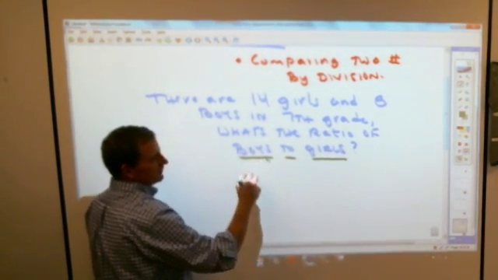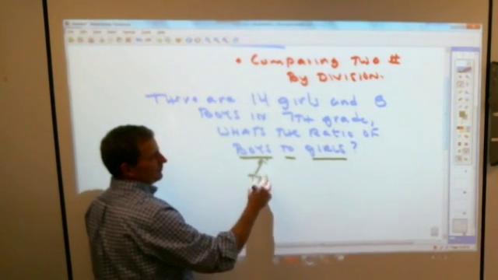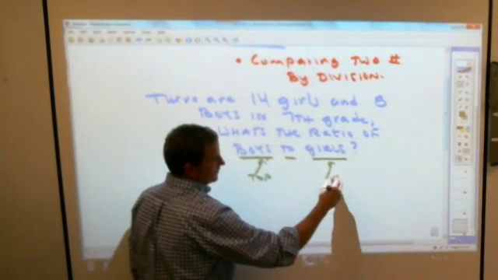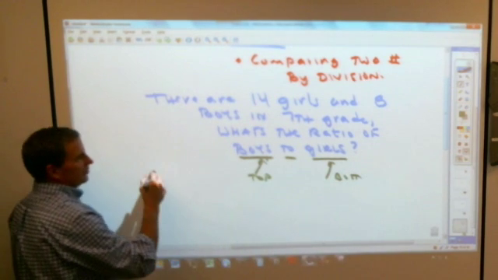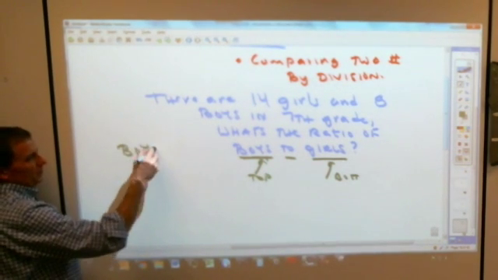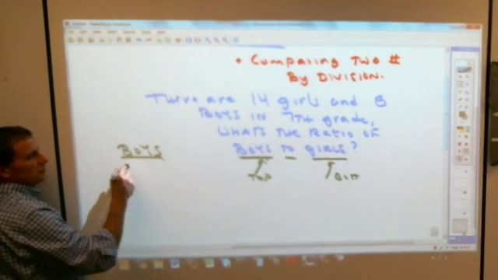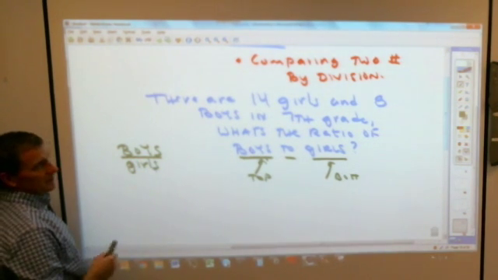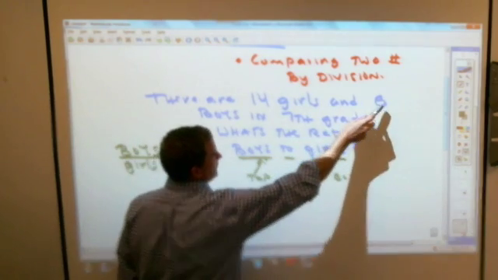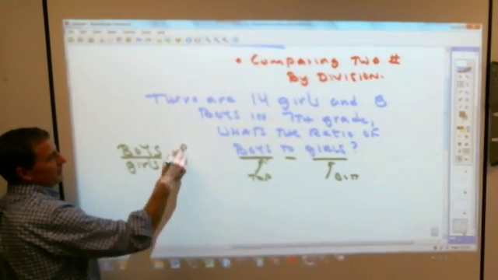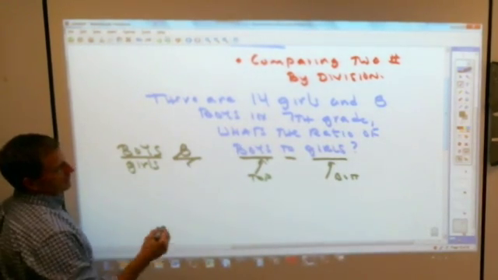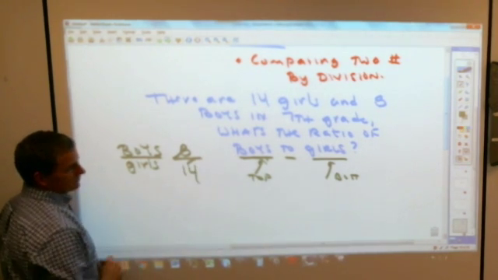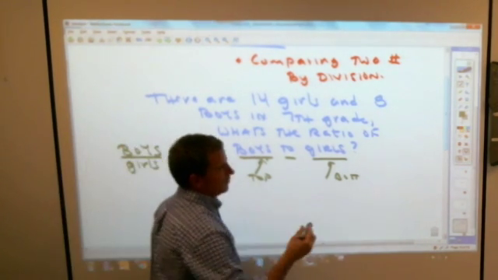The first one given has to go on top of the fraction, and the second one given will be the bottom of the fraction. So written out in words, you don't have to always do all this. It's boys to girls. You will then substitute the number in. How many boys are there? There are 8. How many girls? 14. So the ratio is 8 to 14.